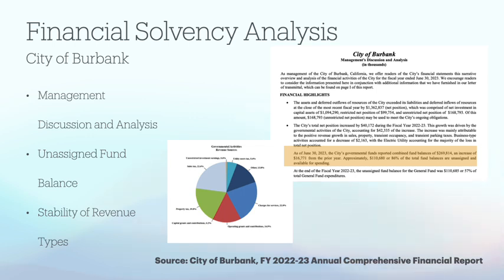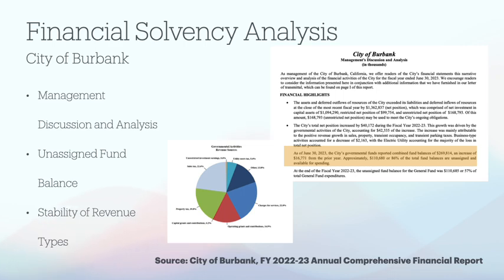In addition to this unassigned fund balance, we can also quickly take a look at this pie chart, also included in the MD&A, which shows the revenue makeup of the city. You'll see that close to 50% of the revenues that the city collects is in sales tax and property taxes, with the median home prices being $1.25 million.